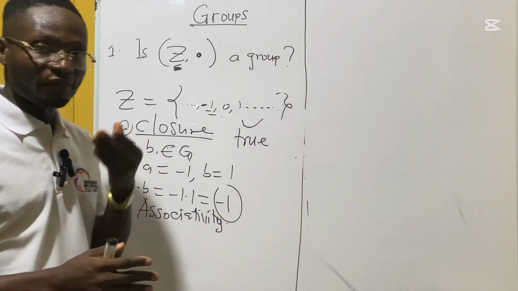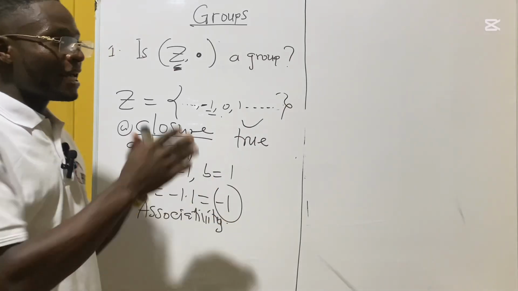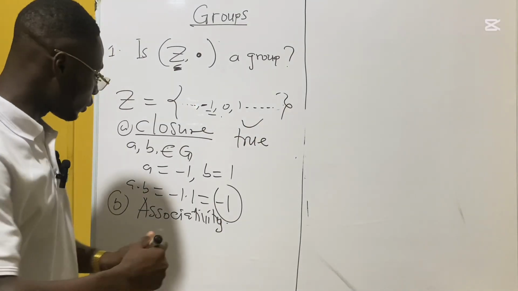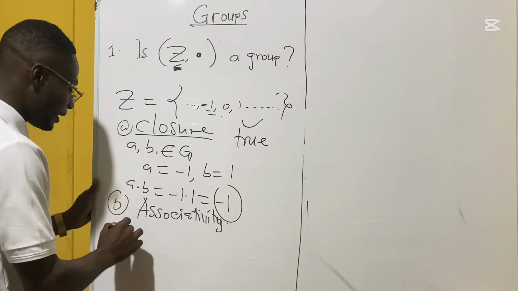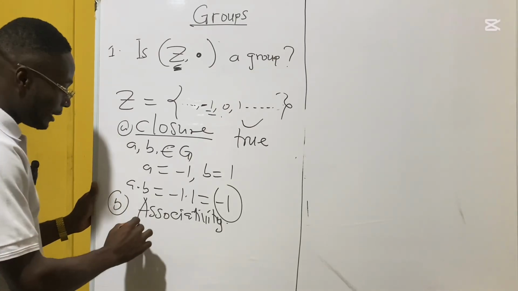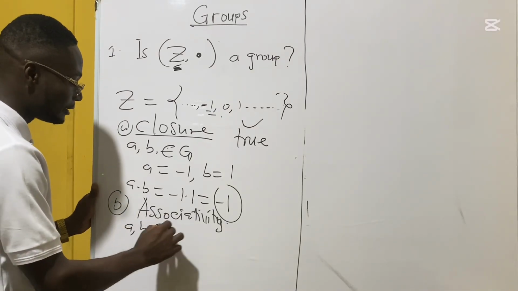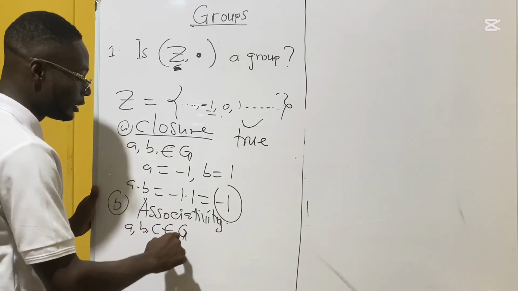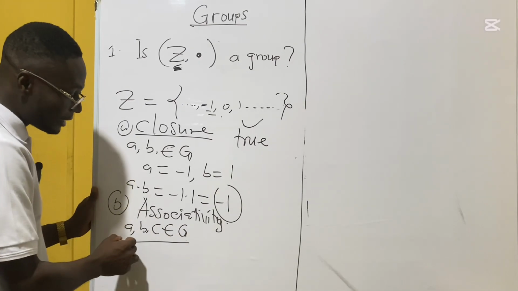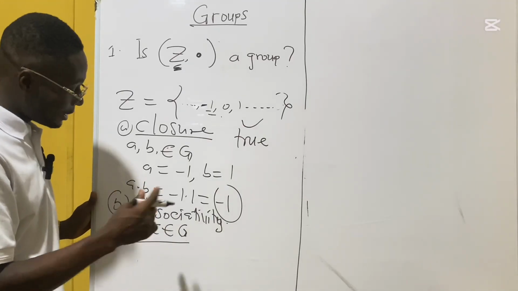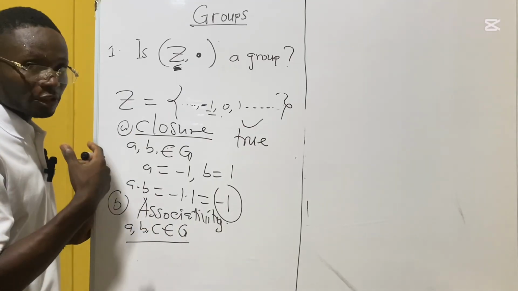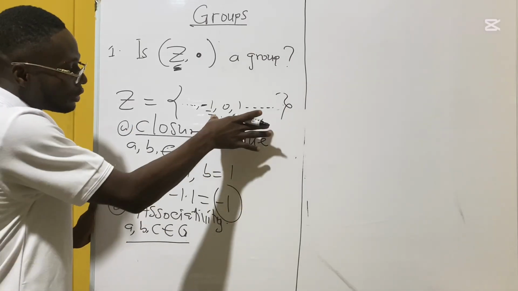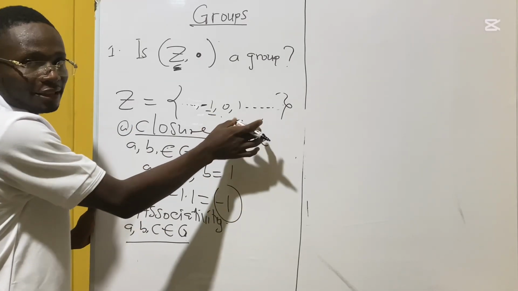So that when you perform the operation on them, your right hand side should be equal to your left hand side. Okay, so when you pick any three elements, let's say A, B, and C, that belong to Z, when you perform the multiplication operation on them, you should have an element in this set.